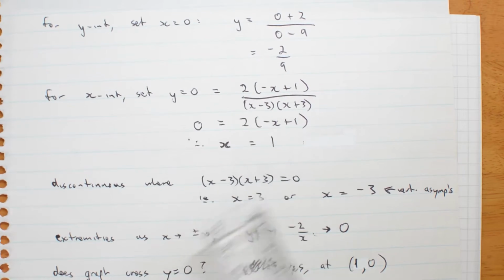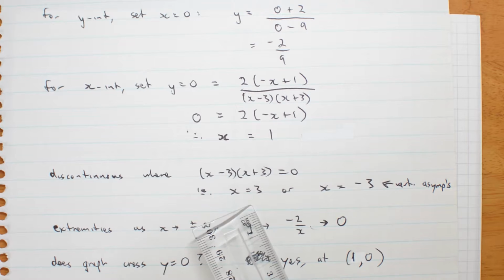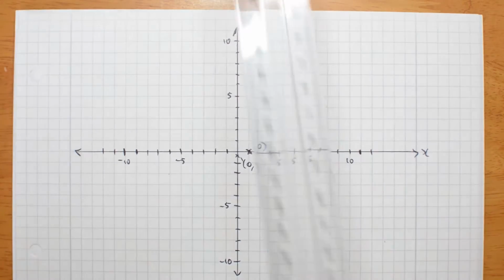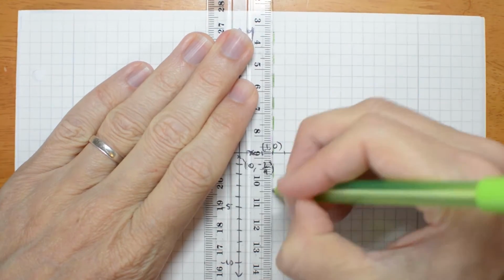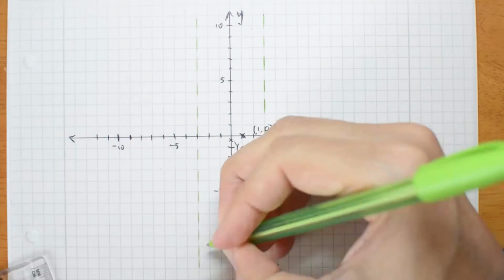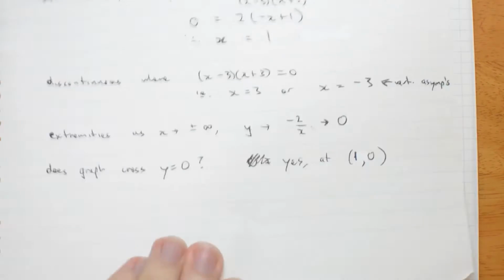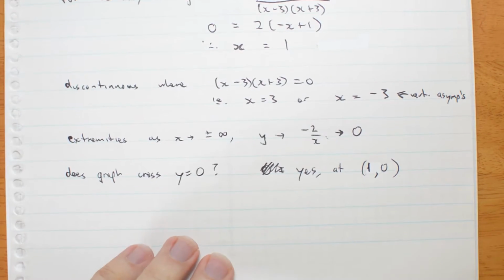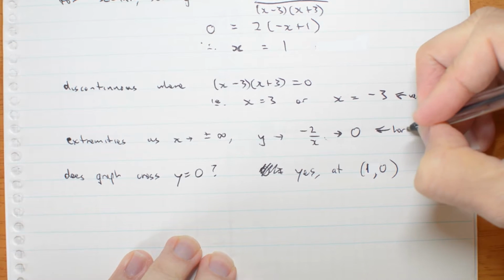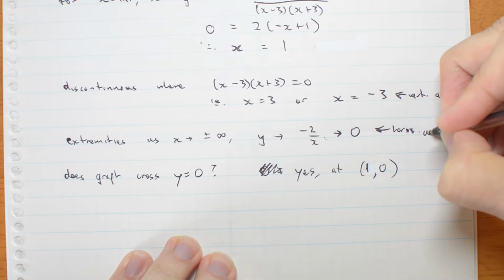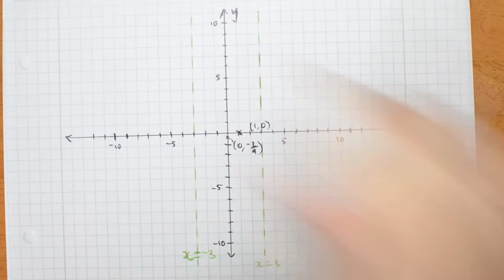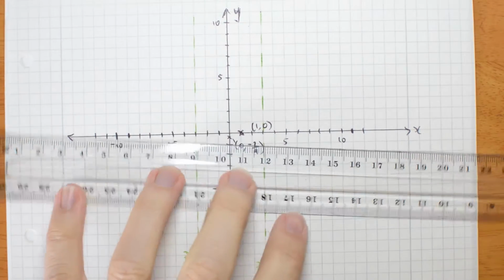I have vertical asymptotes at x equals 3 and x equals negative 3. This is a horizontal asymptote. I didn't actually mark it on my solution. Okay, y equals 0. It's going to be a pain to draw.